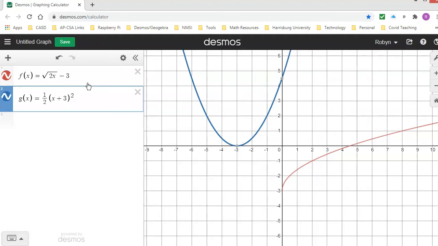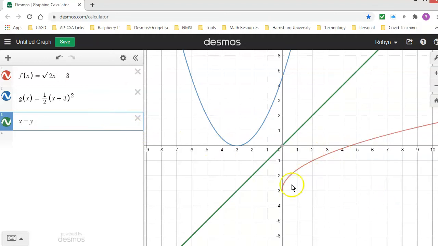So now when I take a look at these two graphs, I can see right away that they do not have symmetry about this line y equals x, because the red graph, the square root function, is only half of a parabola, right? The blue, my equation for the inverse, is a whole parabola.